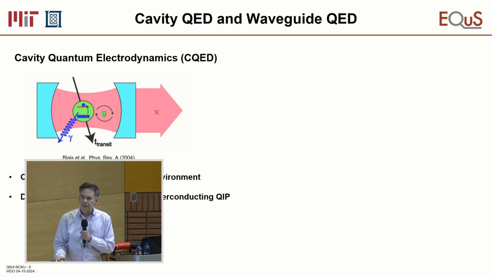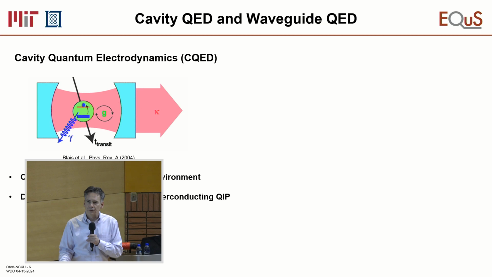And if we place our atom's transition frequency off resonance with the cavity resonance, then effectively this atom is protected from the environment. And the rate that energy can leave is related to kappa now, which is basically the transmissivity of this mirror, the rate at which it decays. But inside, the atom can live a long time.